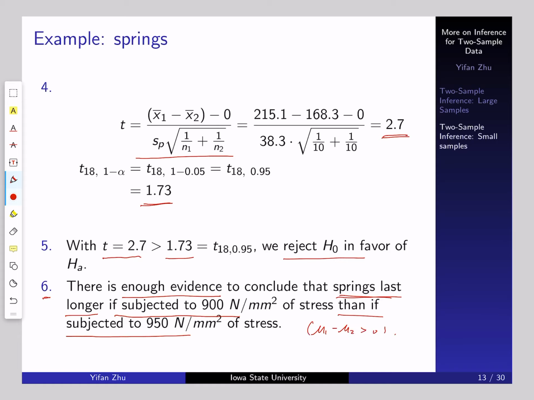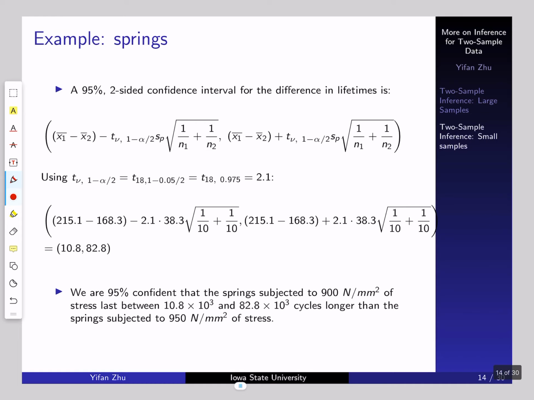So here is just interpreting the mu1 minus mu2 is greater than 0 in the context. And we can also construct a 95% two-sided confidence interval for the difference in lifetimes.